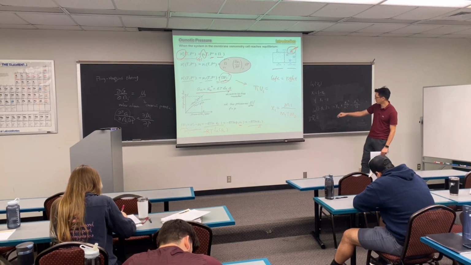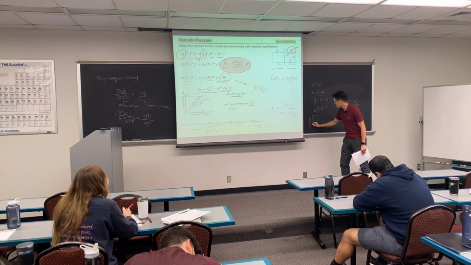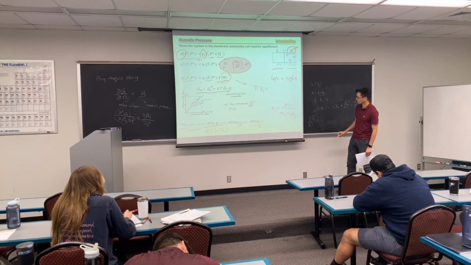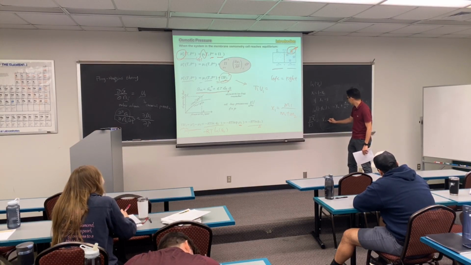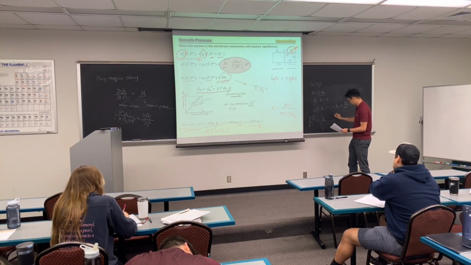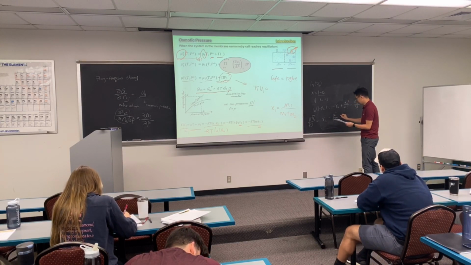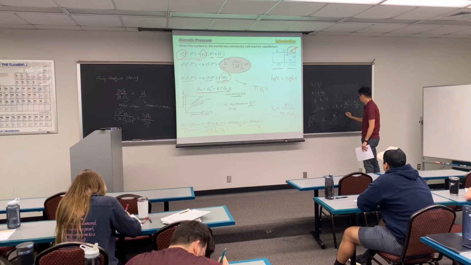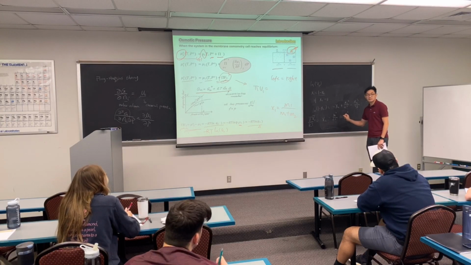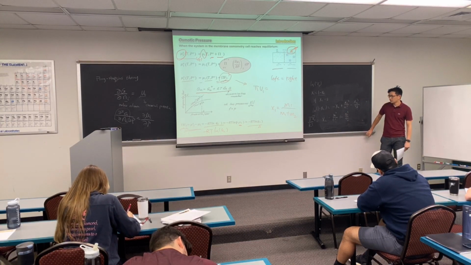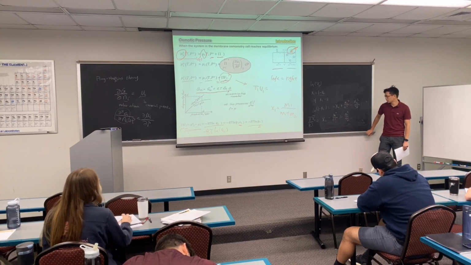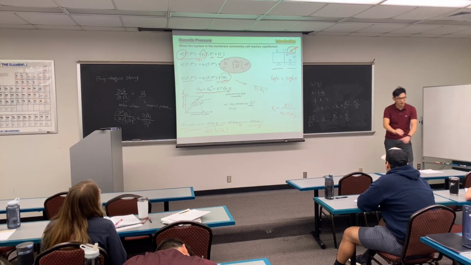Okay, so that means we can divide RT to the other side, which means we are only going to be left with X2. This is very interesting because we have now established a really critical relationship for this whole lecture.